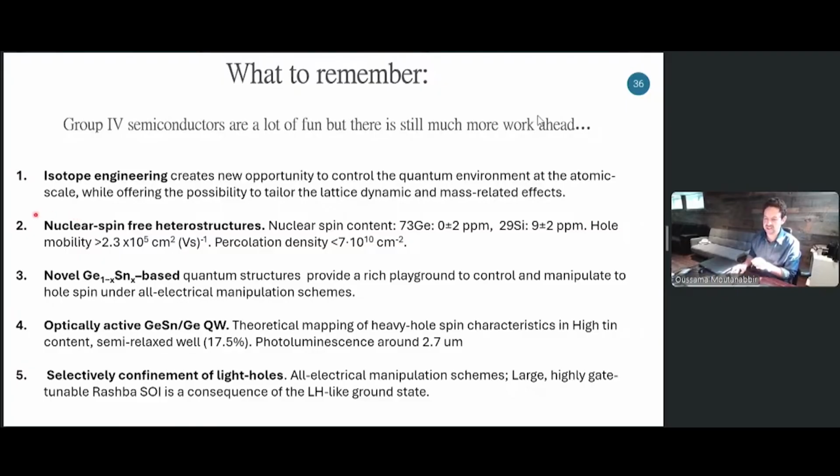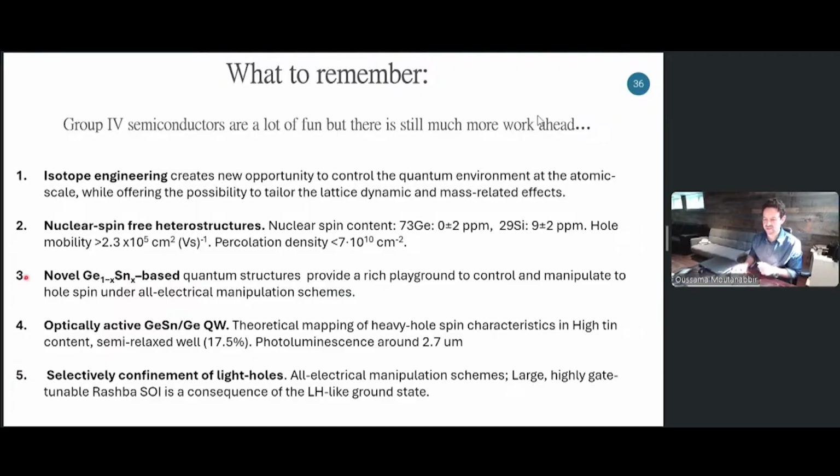I showed you an example of how one can solve the practical challenges with the growth, not scientific challenges. You don't want to waste a precursor because it's difficult to obtain, and you want to make sure that you don't have any cross-contamination by using different precursors from the reactor. And we achieve heterostructures that are quantum dot quality.